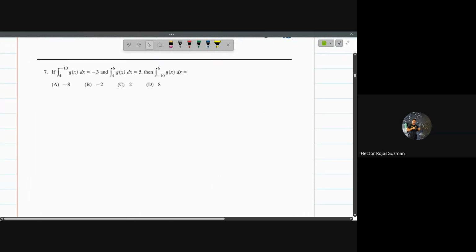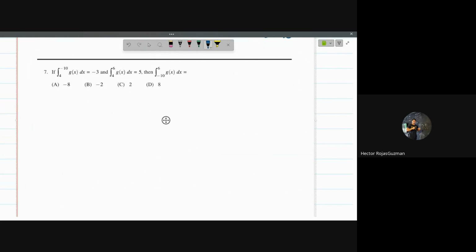7. We have a couple of integrals here, and we want to calculate this one. The integral from -10 to 6. Well, take a look at the previous two integrals. We have a -10, we have a 6, and the other limit of integration matches. So why don't we do this? Take the first integral and flip it around.